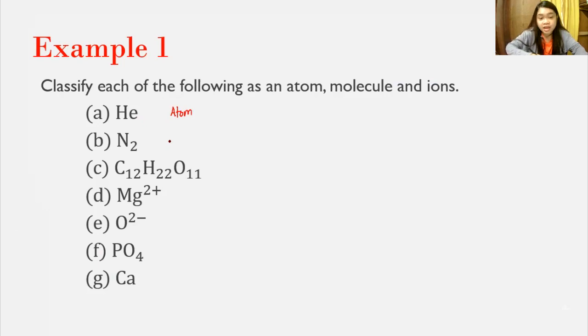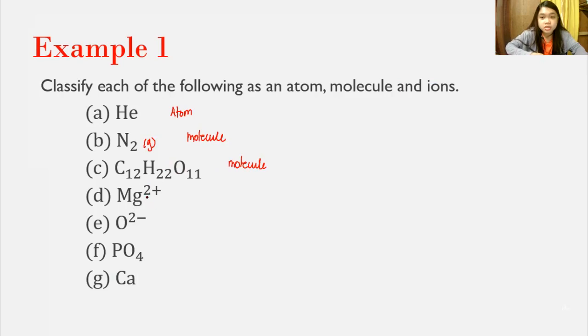For nitrogen gas, N2 gas. Yep, it's a molecule. For this one, yes, it's also a molecule because it's composed of different types of elements.